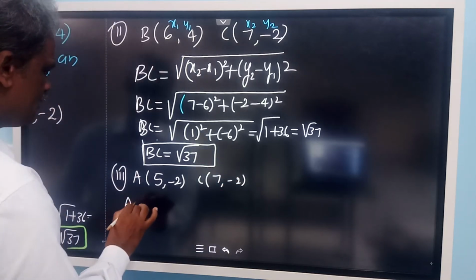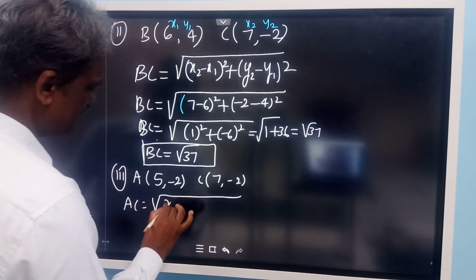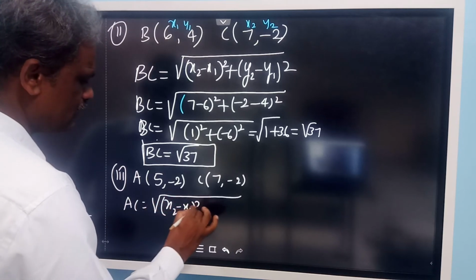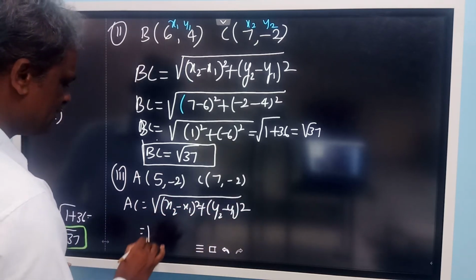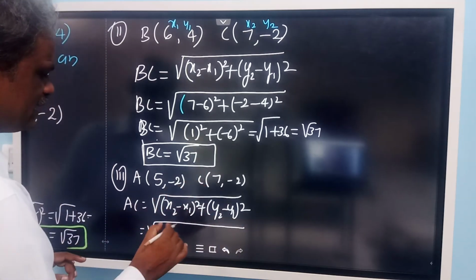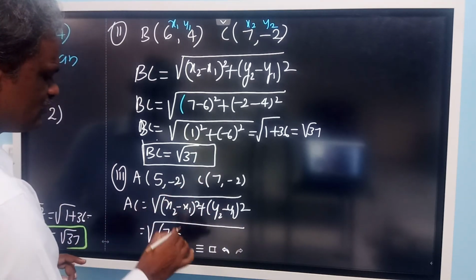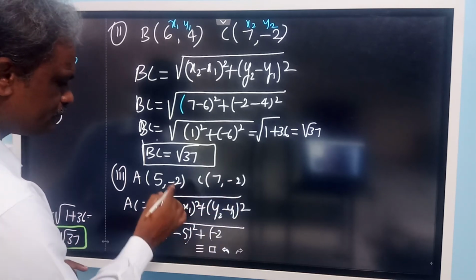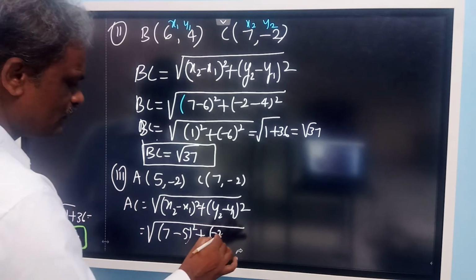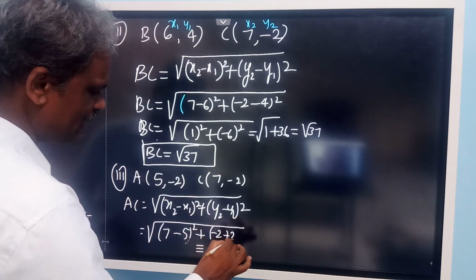So AC will be equal to root of, again, x2 minus x1 whole square plus y2 minus y1 whole square. Substitute here, root of x2 here 7 minus 5 whole square plus y2 here minus 2 minus 2. Again here, one more minus is there, then it becomes plus 2.